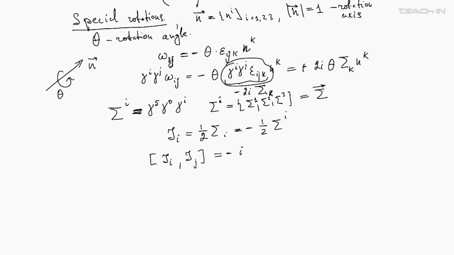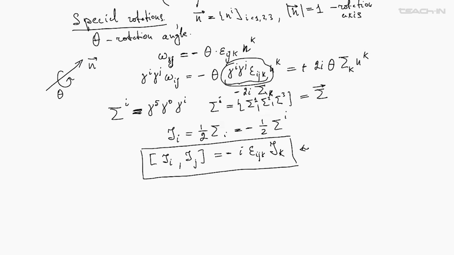And if you look at this expression here, you recognize that this algebraic relation is nothing else but the Lie algebraic relations of the generators of angular momentum, right? The algebraic relations of angular momentum.